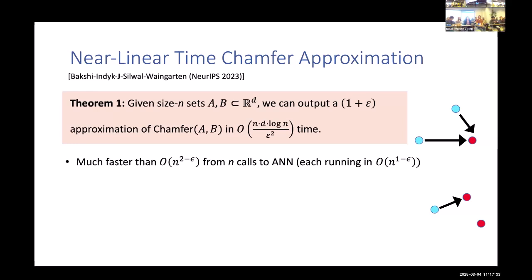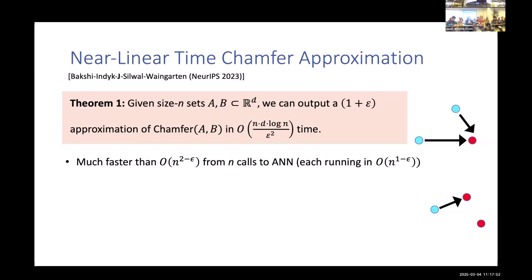So this is significantly faster than the barely subquadratic time algorithm that you would get from running nearest neighbors on every point. One important point to mention here is that if you ran nearest neighbors on every point, not only do you get the cost, but you get the nearest neighbors of every point.